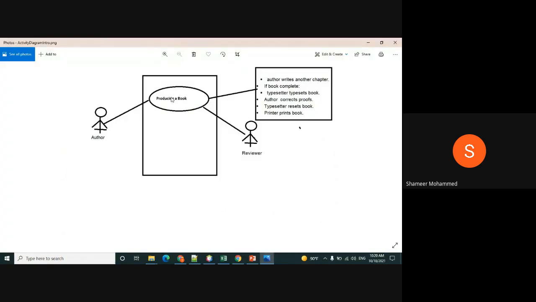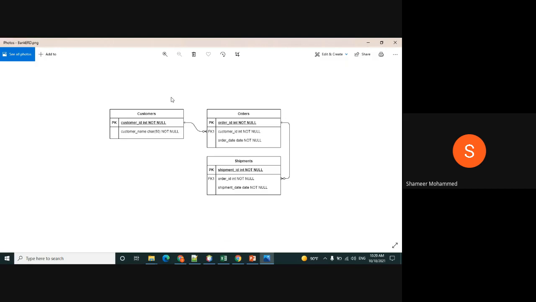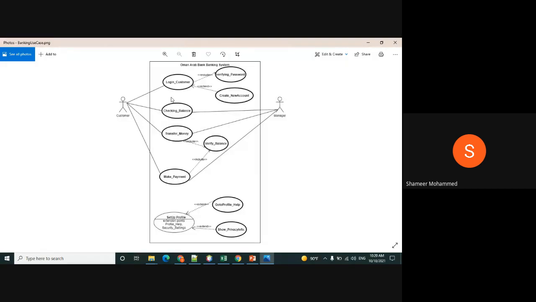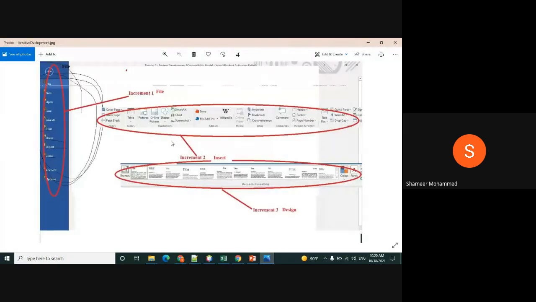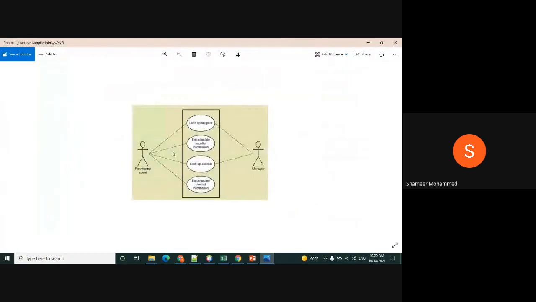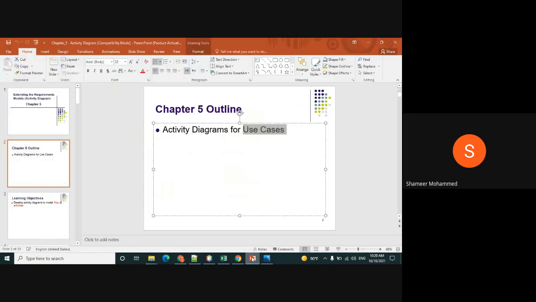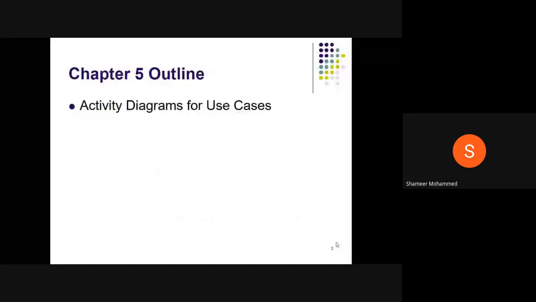Like that you have many use cases: login customer, transfer money, make payment. For each use case, there is a diagram with activity steps. Enter the information of supplier: how you will enter, what you will enter. Those details are drawn in the activity diagram. So that is a summary.